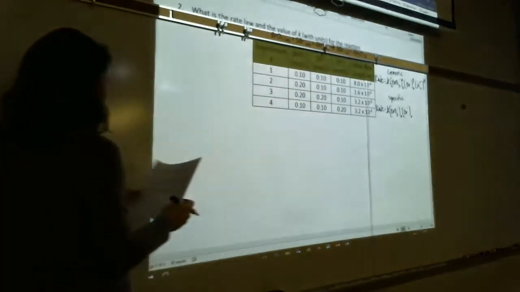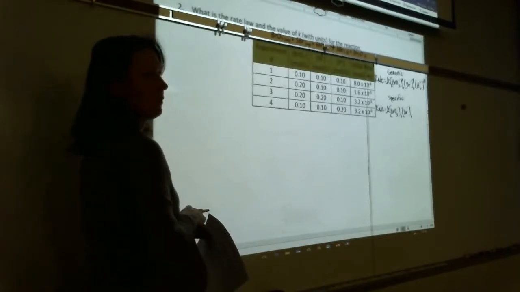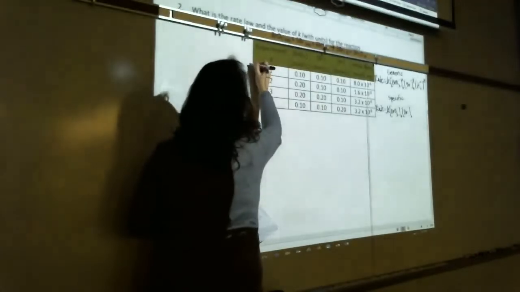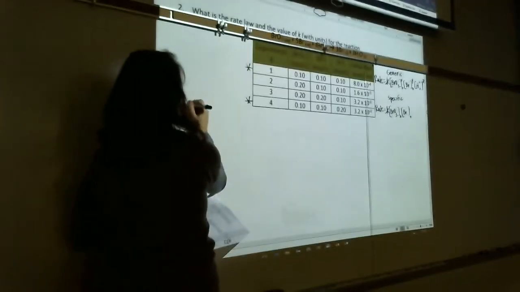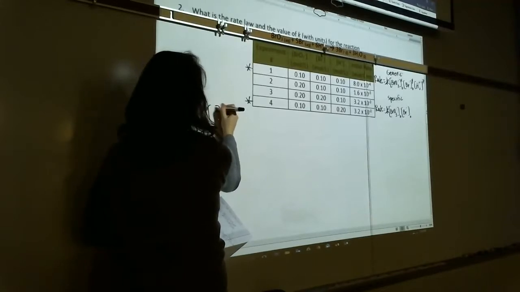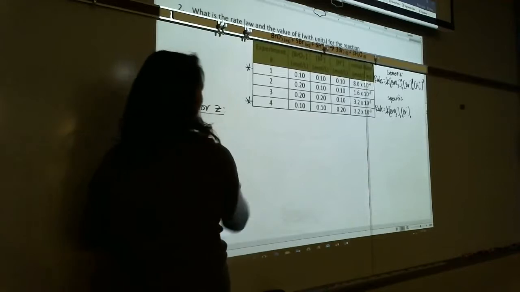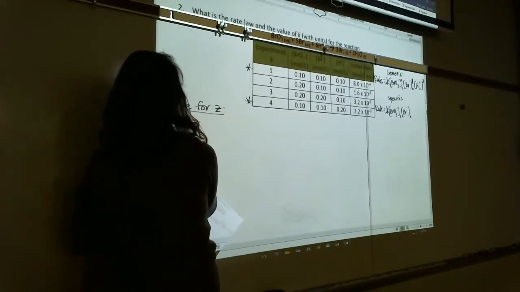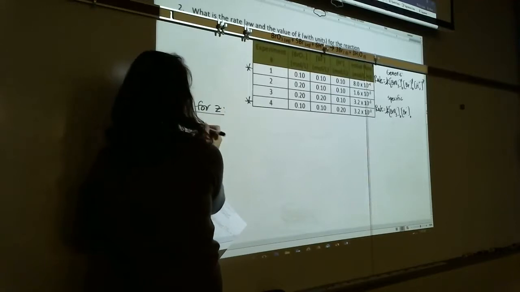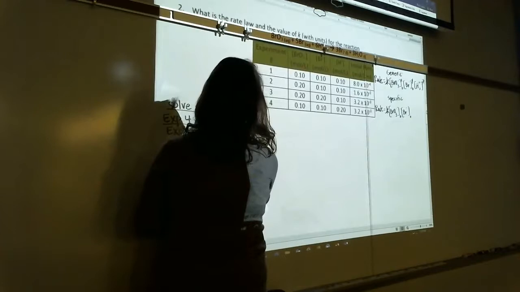So in z, what did you use? I did 2. All right, so solve for z. I did it as 4 over 1. So experiment 4 over experiment 1. So rate is equal to 3.2 times 10 to the negative third.